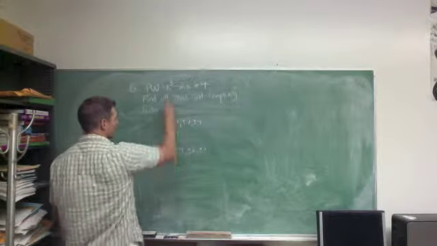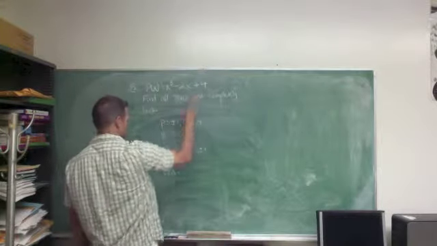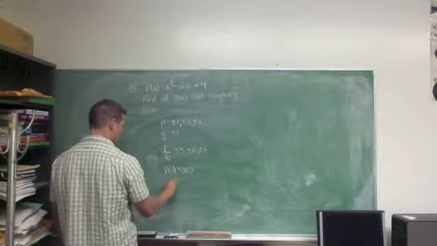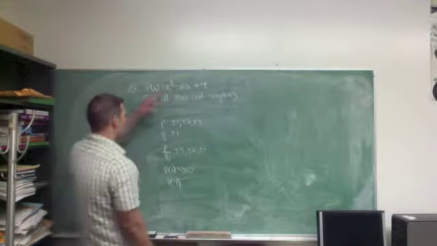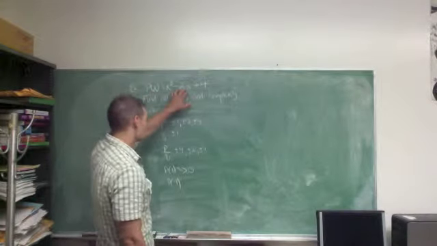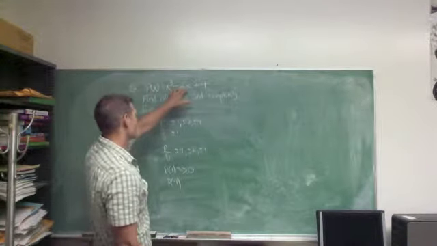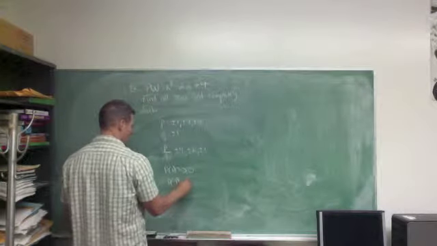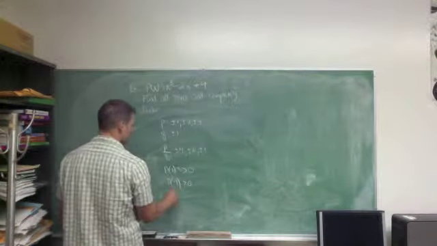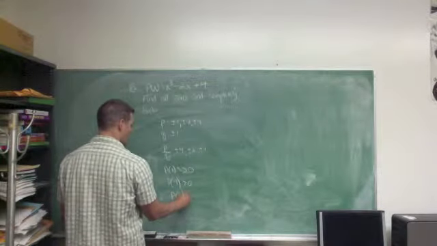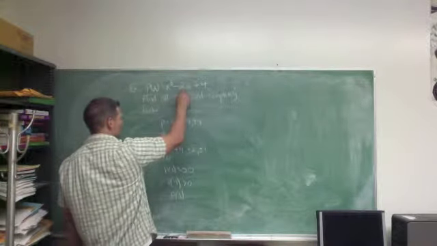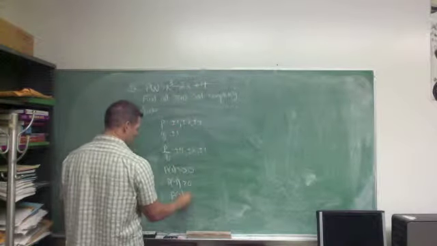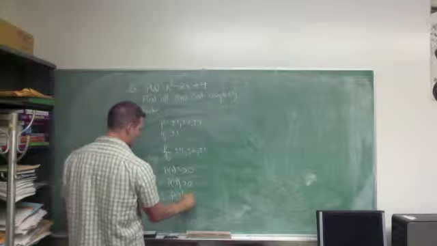I put 1 in, I get 1 minus 2, negative 1 plus 4, that's greater than 0. Let's try negative 1. I put in negative 1, I get negative 1, positive 2, plus 4, that'll be 5, it's greater than 0. So I put in 2, 8 minus 4 plus 4 is 8, so that's greater than 0.